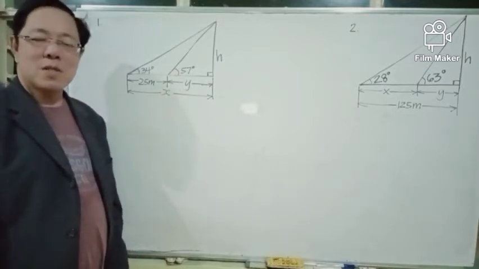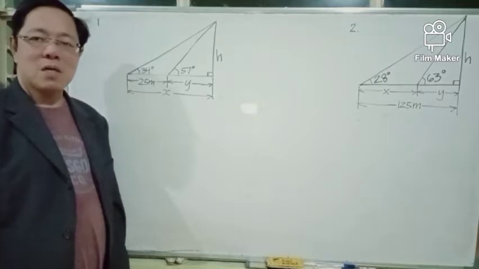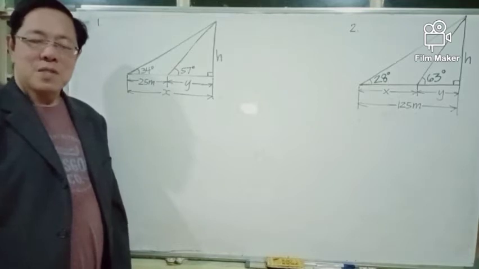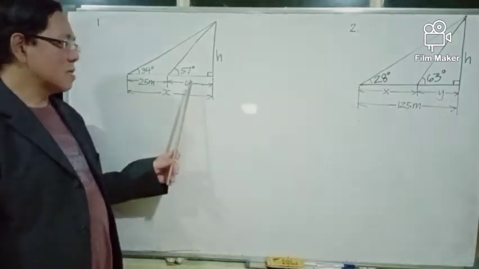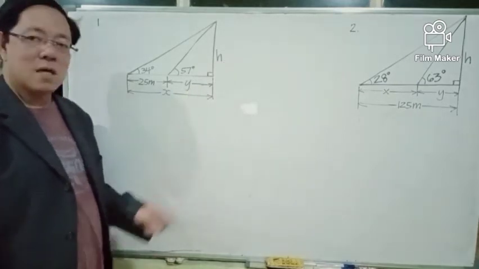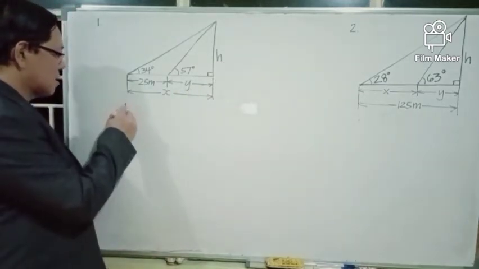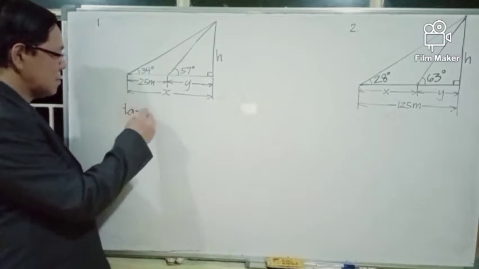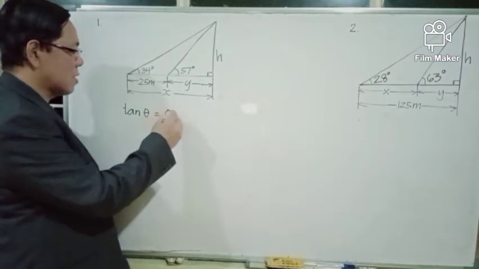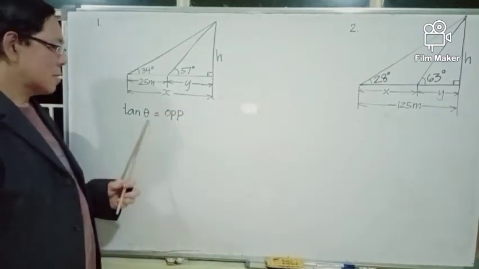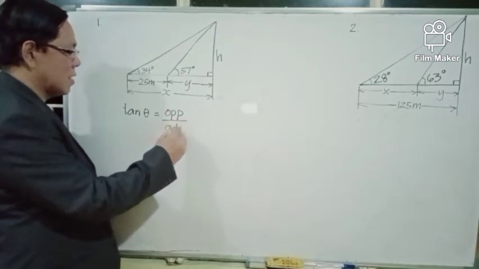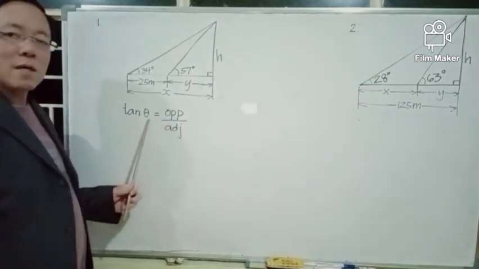Therefore, we will use the tangent function, because the tangent of an angle is equal to the ratio of the opposite side to the adjacent side. We write tangent of an angle theta is equal to the side opposite theta divided by the side adjacent to theta.